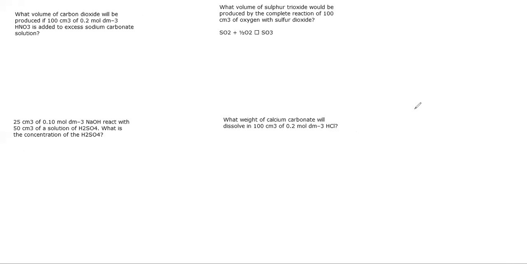As you know, stoichiometry is actually relating to the amount of something. So, for example, mole. I'm also going to introduce concentration, and then volume at STP, or measured at RTP.